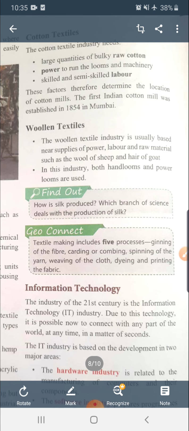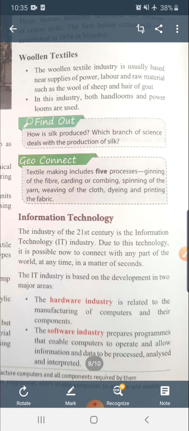Moving towards the next industry, that is information technology, the IT industry. The industry of the 21st century is information technology. Due to this industry, it is now possible to connect with any part of the world at any time in a matter of seconds. This industry can be classified into two parts: hardware industries and software industries.